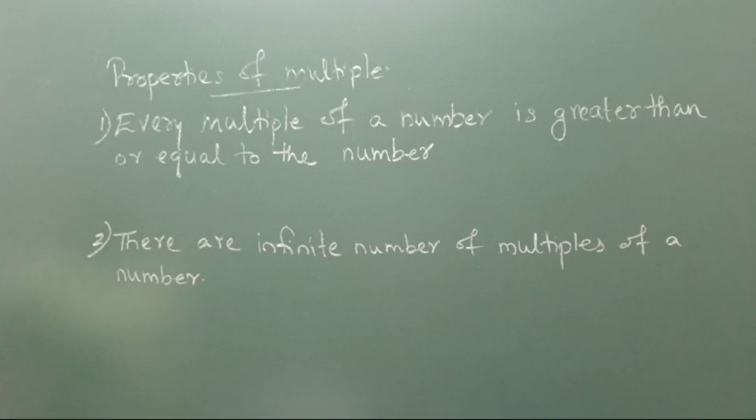Let's see the properties of multiples. The first property is: every multiple of a number is greater than or equal to the number.